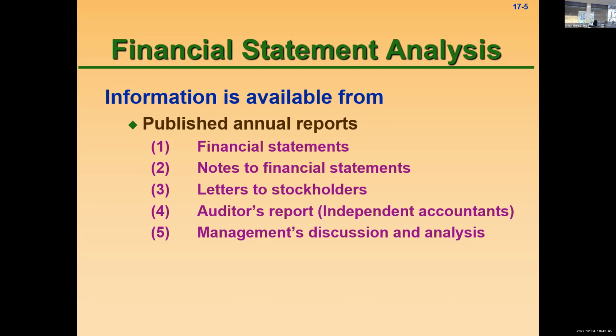One example. Like that, for every variable in the financial statement there will be some explanation in the notes. Then letters to stockholders, letters to shareholders. The MD or the management will write a letter. If you open an annual report, the first 2-3 pages will be the message from the MD, the chairman, the CEO. From those letters you can also get some information.